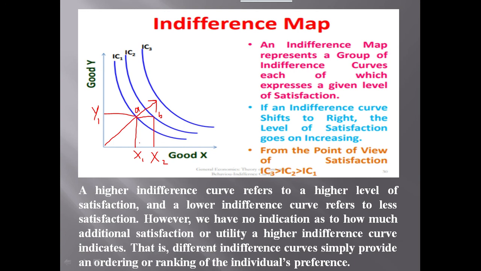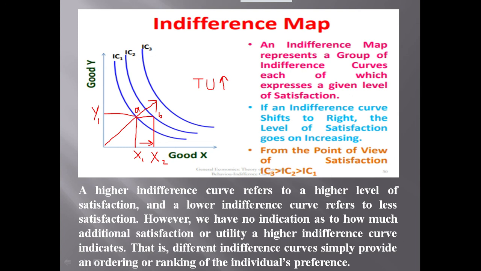An increase in the quantity of x means an increase in total utility, because of the assumption that marginal utility is always positive.